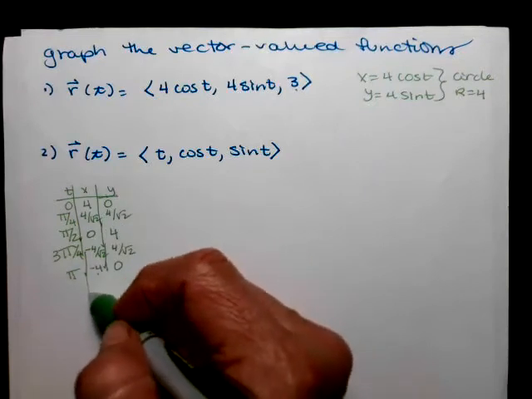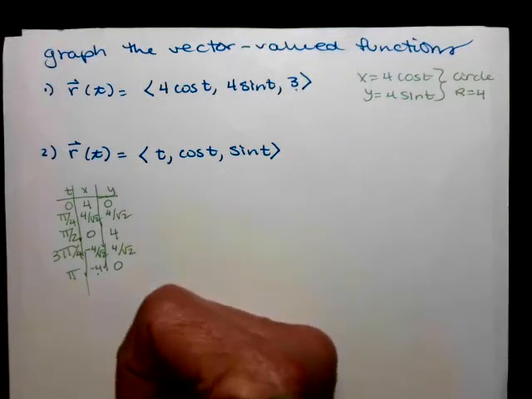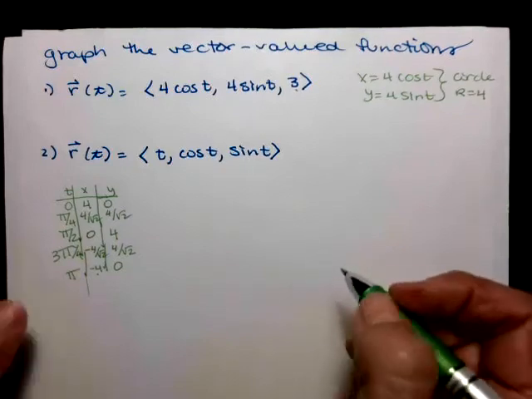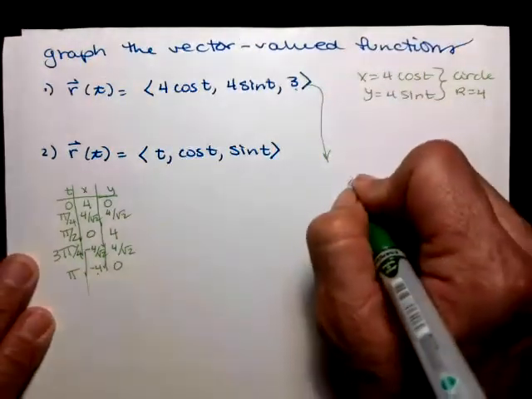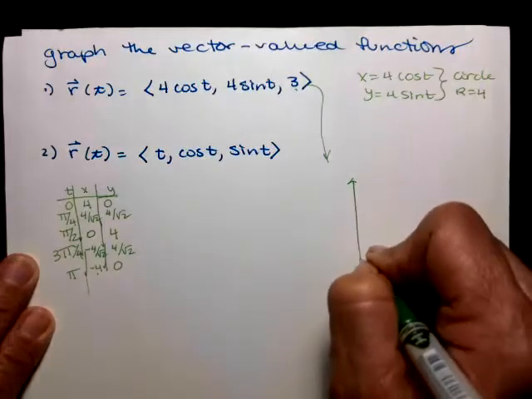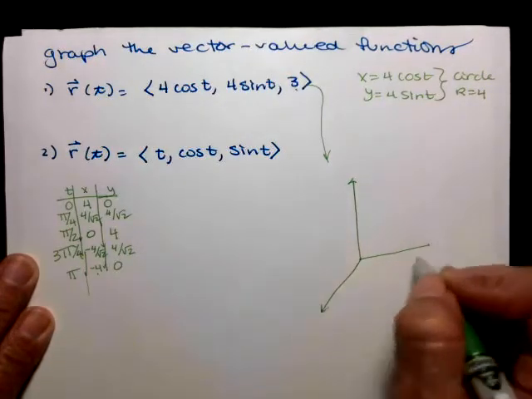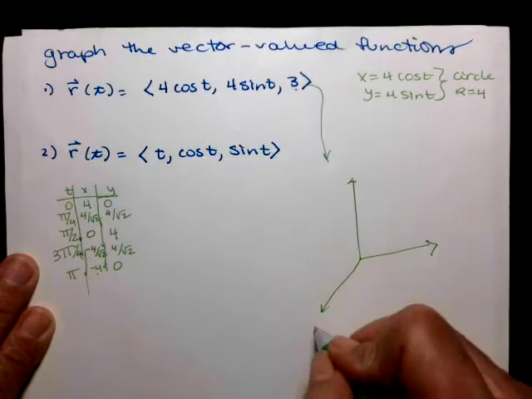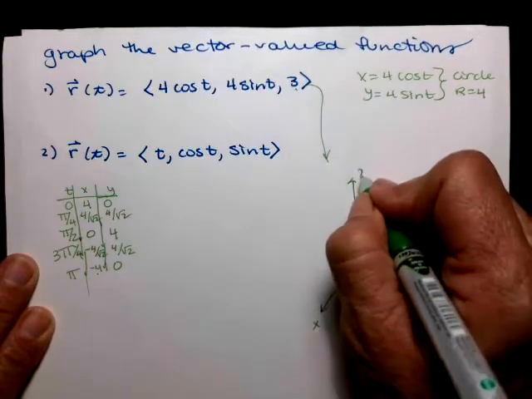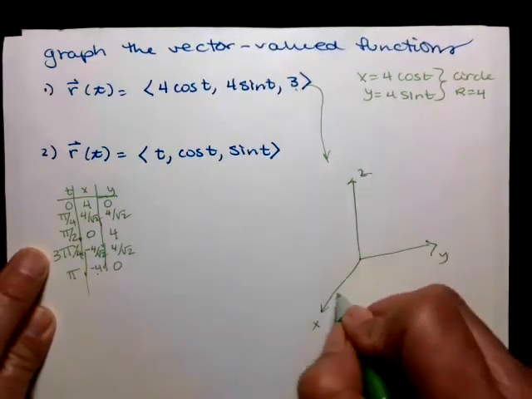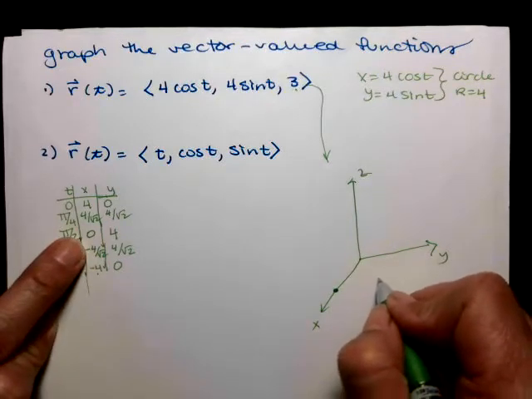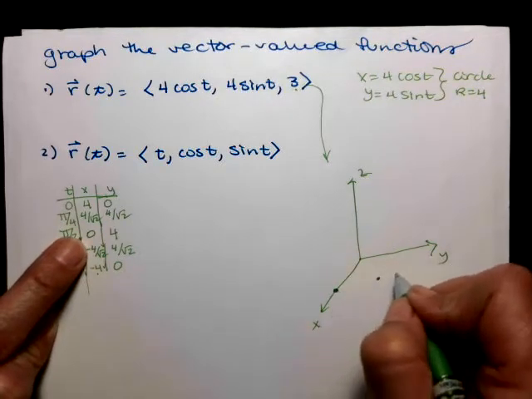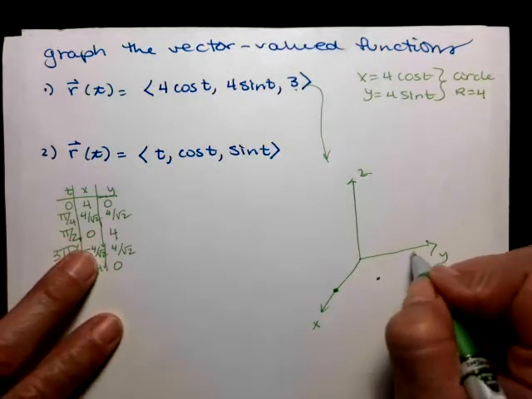I bet if I take a few more t values here, I'll get those negative y values as we swoop back around. So if I graph that first one, here's my x, y, z. I start out here at 4, 0, and then I'm going to move over into this first octant, and then 0 to 4.